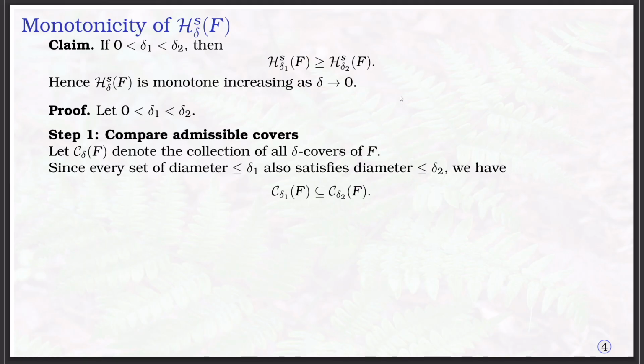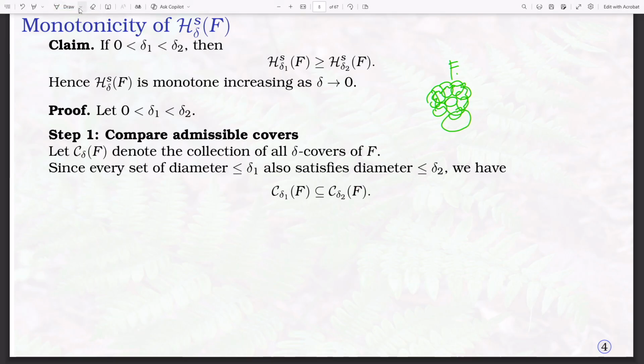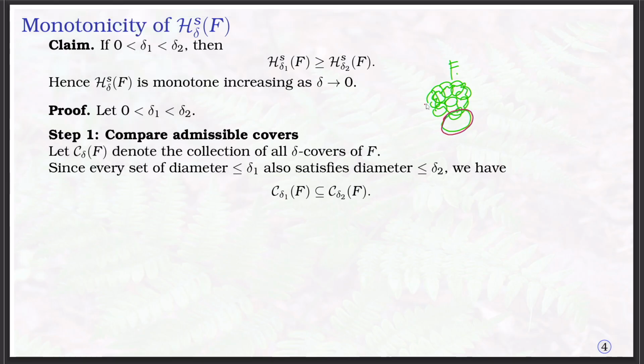If you are covering the set F by sets of diameter delta 1, which is the smaller size, then delta 2 can take the larger size. Maybe I will take another color to distinguish both. If I take that, this is the delta 2 cover.